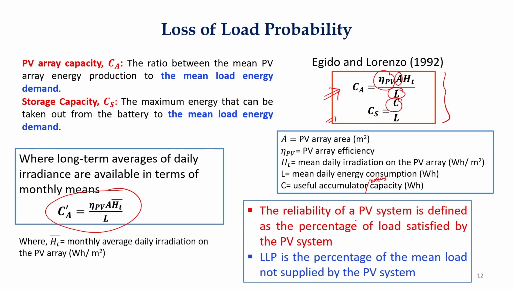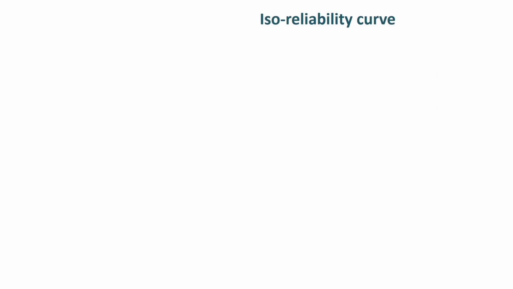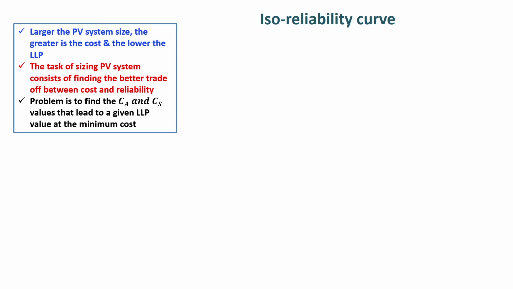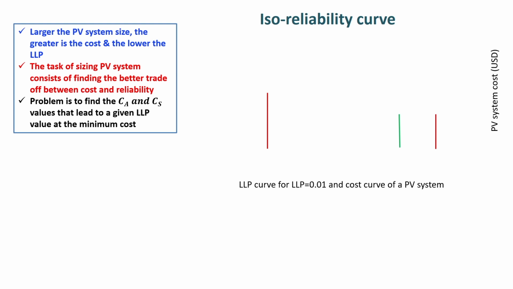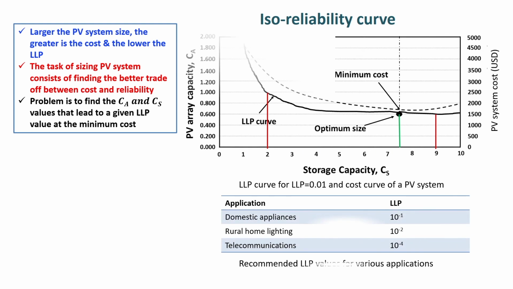Now, the reliability of a PV system is defined as the percentage of load satisfied by the PV system, but LLP is the reverse, which is defined as the percentage of mean load not supplied by the PV system. Okay. So, that is how these two are different. Now, let us pay attention to this plot and its important observations.